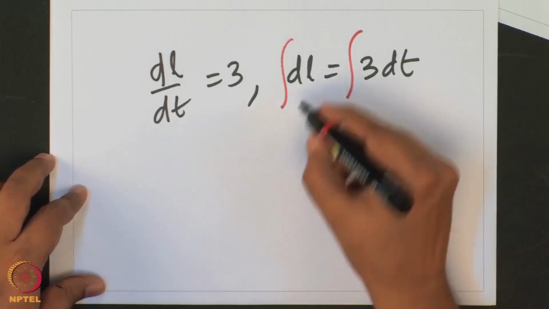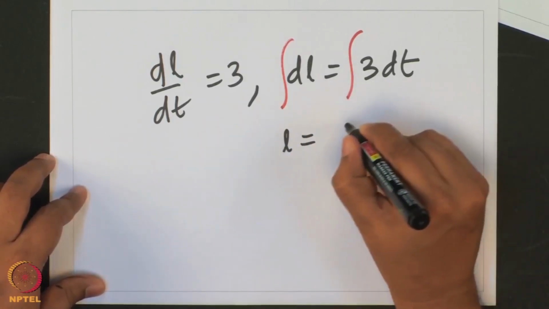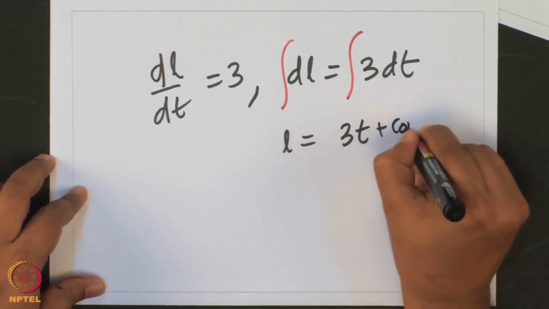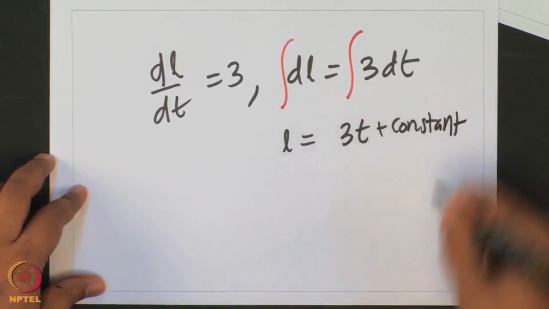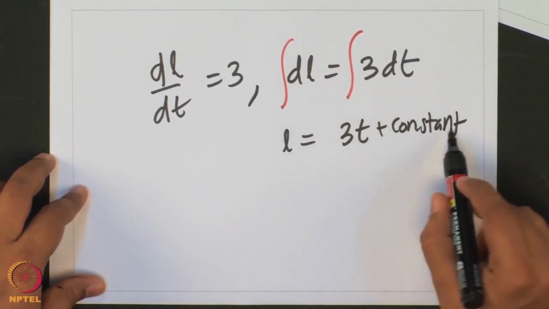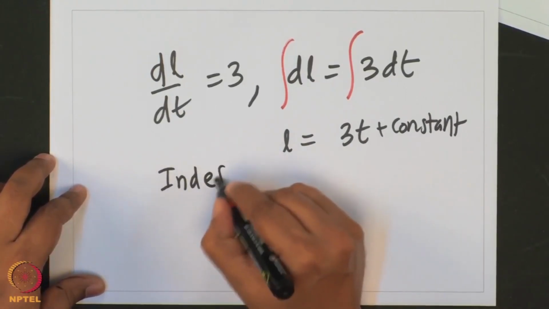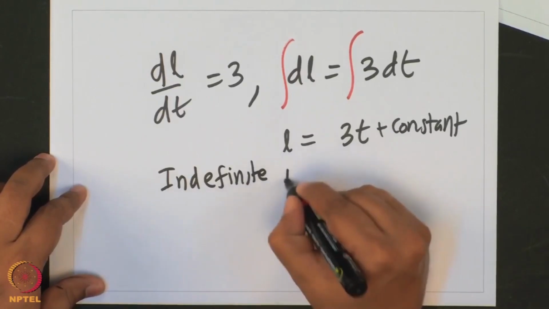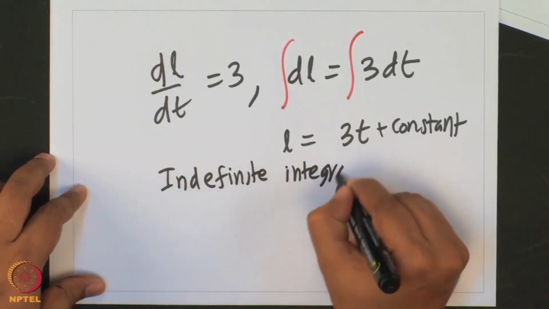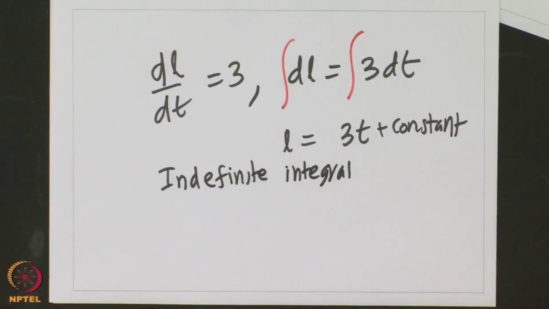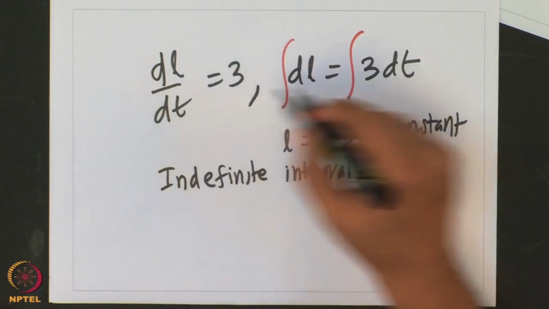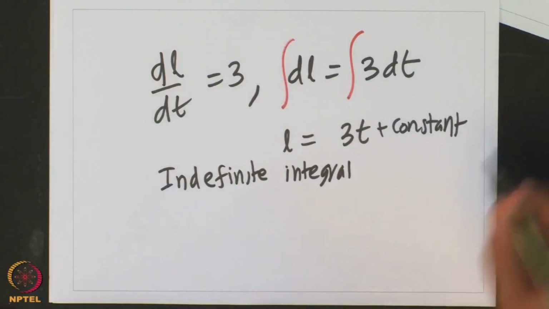We just wrote here this as L and this as 3t plus a constant. This is called an indefinite integral. Here the constant could be any number, but if we want this to calculate between 2 points, that is, for all physical processes you want to calculate the length at a particular time given the length at some other time.